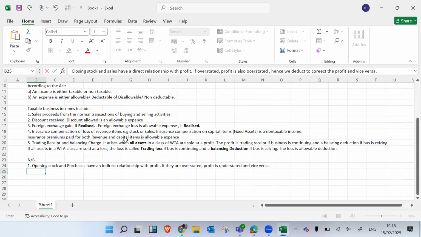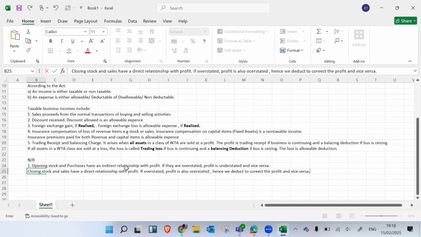In correcting those mistakes, we might find that he overstated the opening stock. If he overstated the opening stock, then that basically means that even profit is understated. And remember, we are correcting the profit. So if opening stock is overstated, profit is understated. So in such a case, we shall add back.